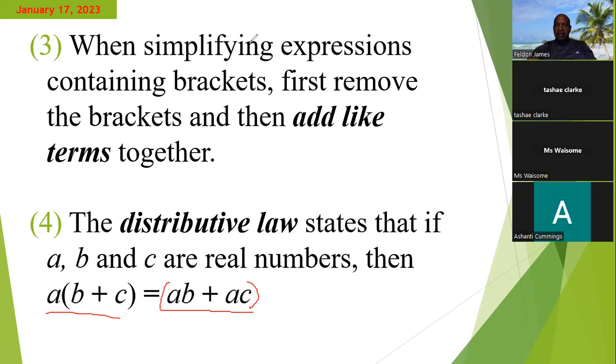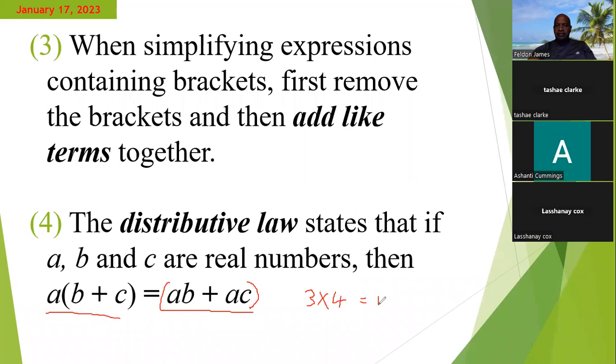Now I'm going to give you an example using numbers, right? So if I say 3 times 4, what do we get for the product? When you multiply 3 times 4, what do we get? 12, sir. 12.